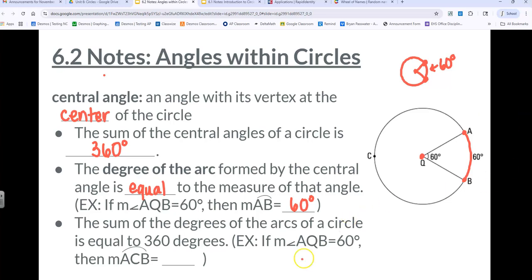For example, if the measure of angle AQB is 60 degrees, as we see here, it's marked, then it asks us for the measure of arc ACB. So if I am looking at this arc from A over here to C, back over here to B, so the blue arc that I have marked there, how could I find the measure of that arc? Very good. 360 minus 60 would give us 300.